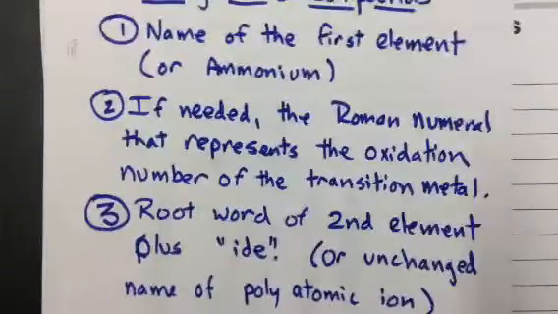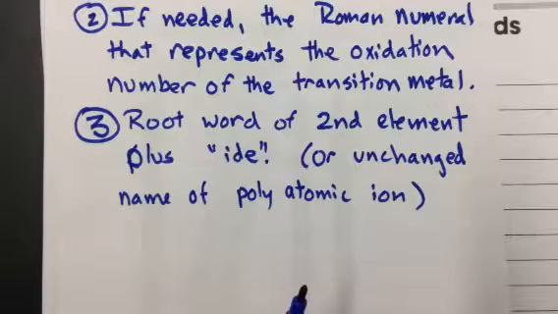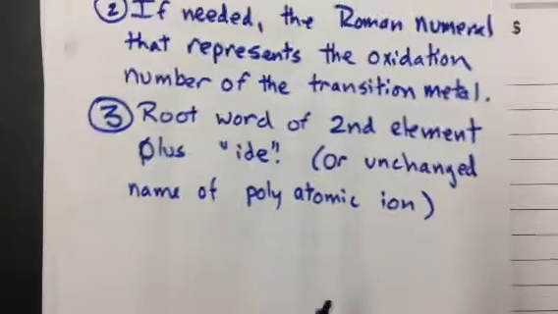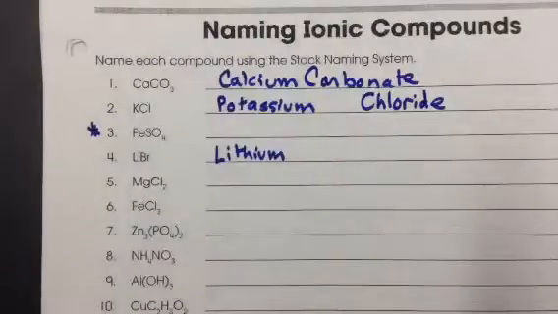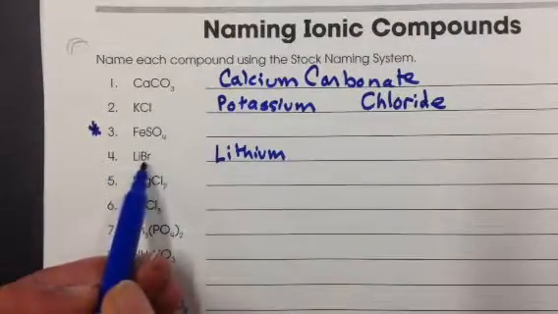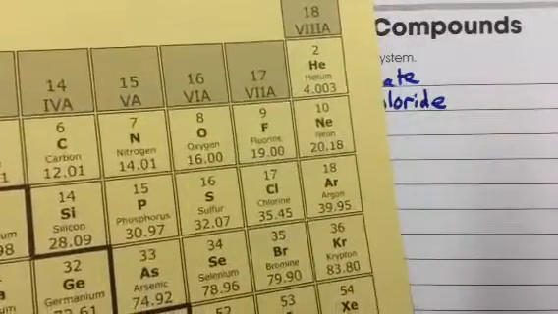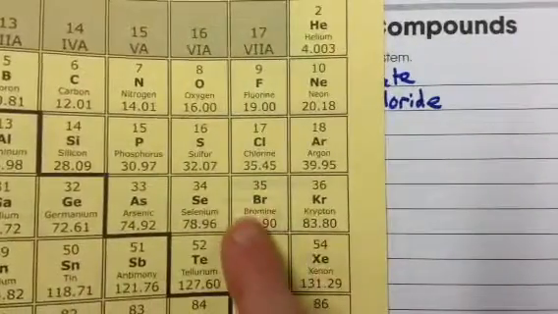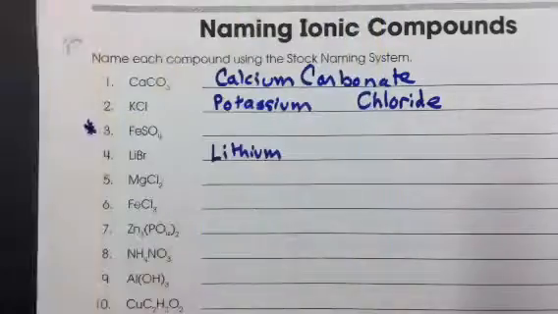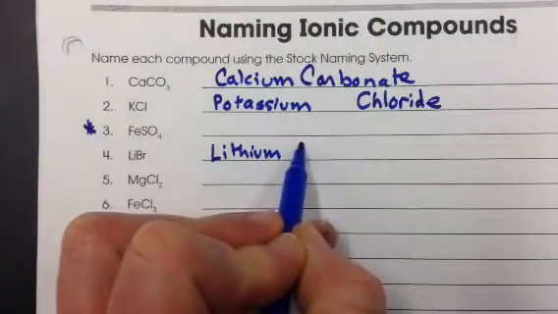It's not a transition metal, so we can skip to step 2, root word of second element plus IDE, or the unchanged name of the polyatomic ion. So that is Br, bromine right here. So it's going to be bromide, lithium bromide.